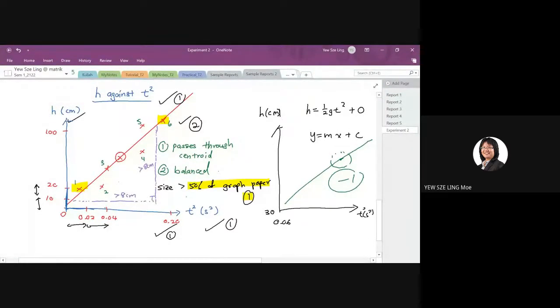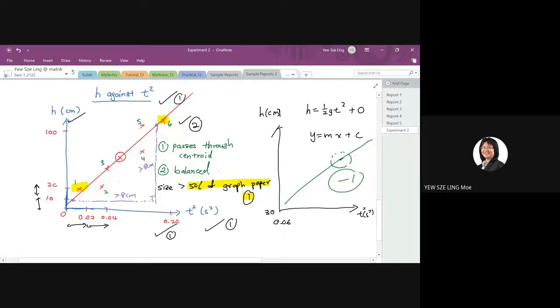Second condition, the triangle shouldn't touch any data point or axis. Okay, it cannot touch your plots, and it cannot touch the axis. Why? Because we want to see whether you know how to take the reading from your graph paper or not. That is how we check whether you know how to read the data from graph paper, by looking at your gradient.